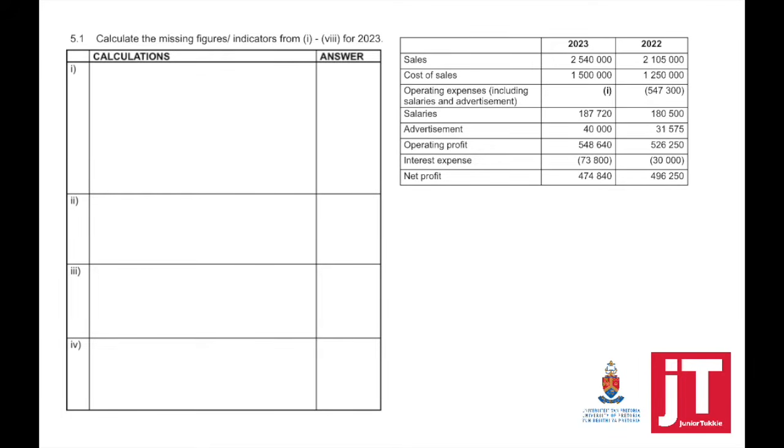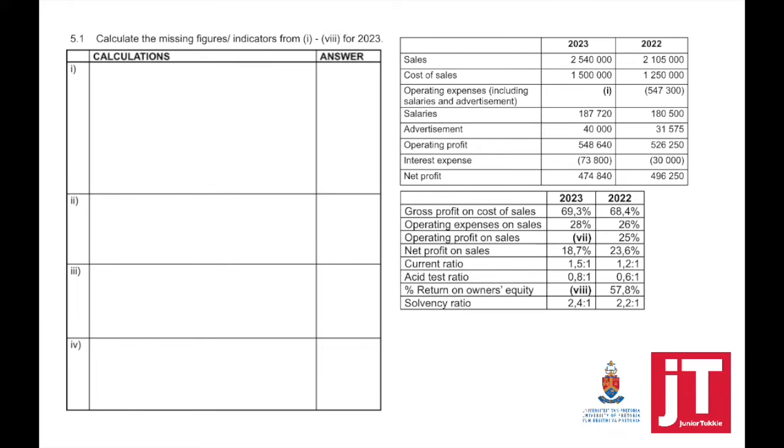So in order for me to solve this, I need to know what the operating expenses on sales percentage was. To calculate it, it is your operating expenses divided by your sales, which is given to you, times 100 equals the percentage, which is given to you. So X becomes the operating expenses, what we need to calculate.